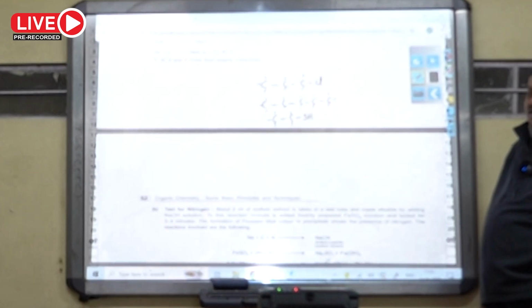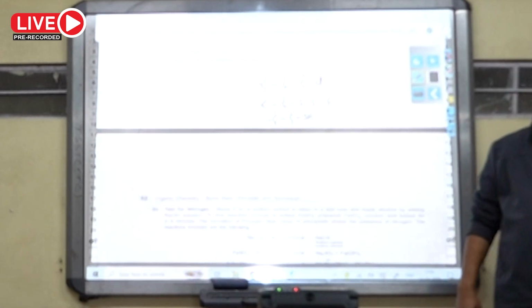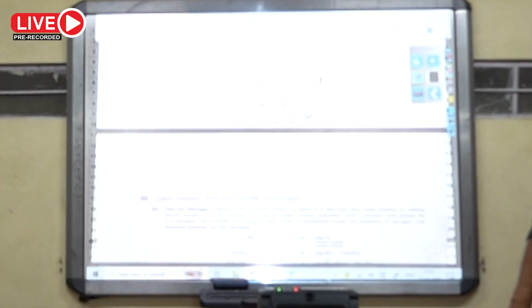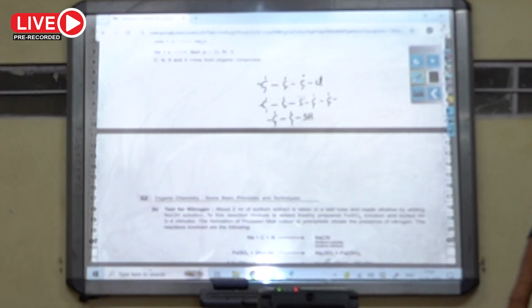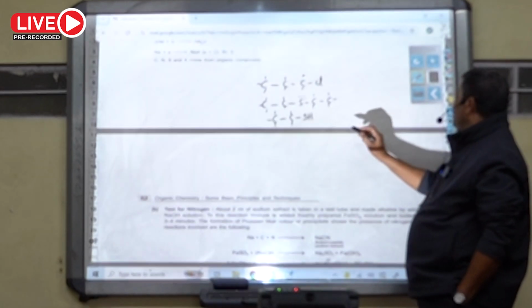What is the second compound? Diethyl thioether. In the place of S, if O is there, it is ether. Whenever O is replaced by S, we use the prefix thio. If there is O in the place of S, we call it diethyl ether. It is called diethyl thioether. The next compound, if it is an OH group, we call it ethyl alcohol. Here it is called ethyl thioalcohol. This ethyl thioalcohol is also called ethyl mercaptan.